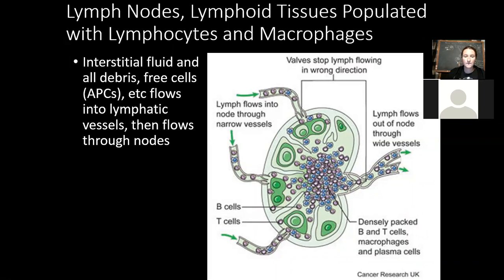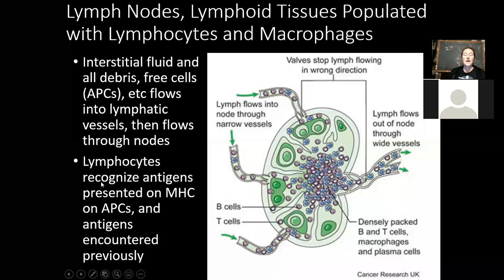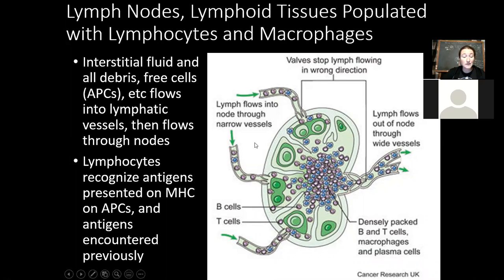All right, so the lymphocytes hanging out in the nodes here are going to recognize antigens, particularly those that have been presented on MHCs, right? So MHC class 1 or class 2, depending on which cell we're talking about, we're getting there. And they're also going to recognize antigens that they've seen before.